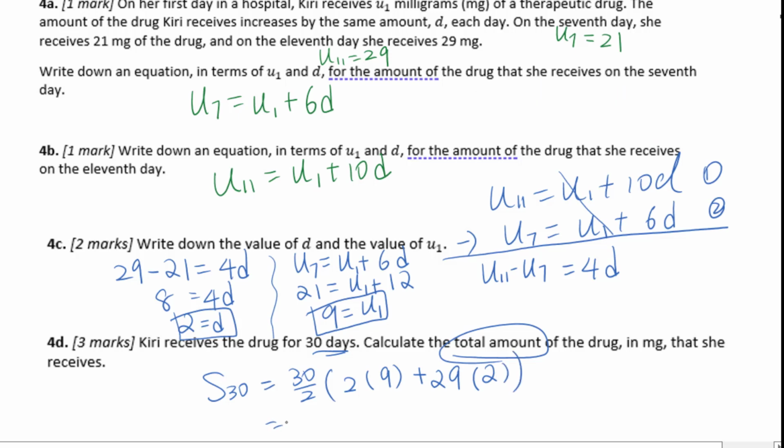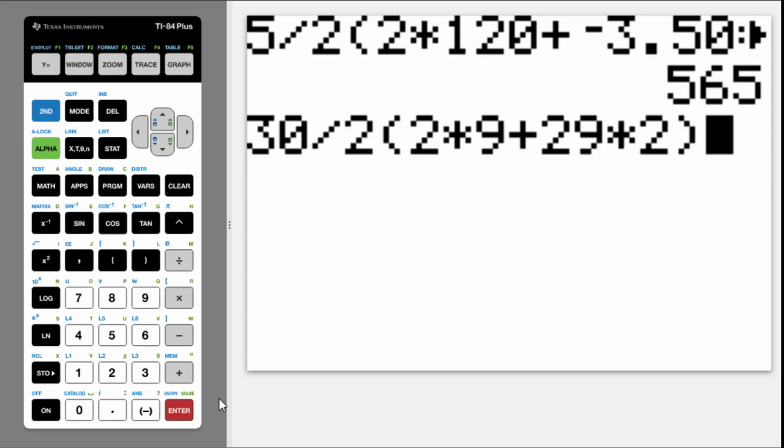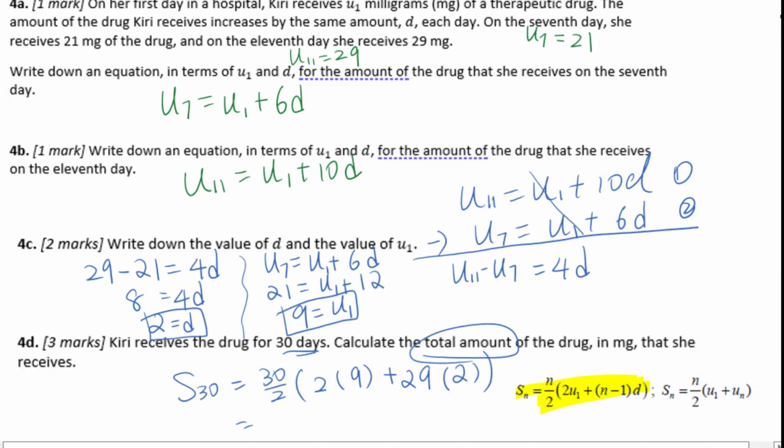Then we put it into the calculator. Enter. The answer will be 1,140. 1,140 milligrams is the solution to 4D.